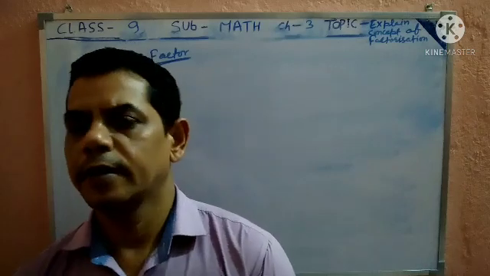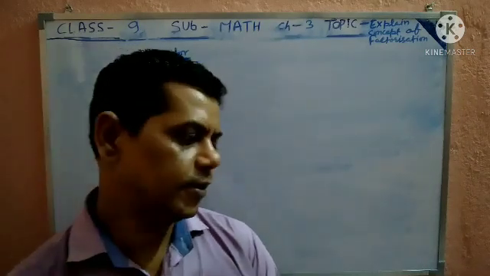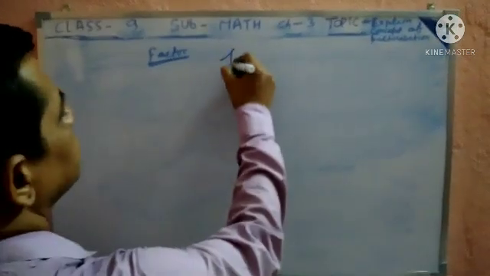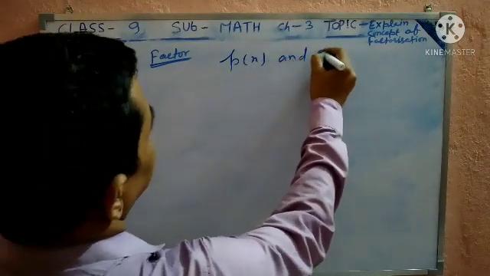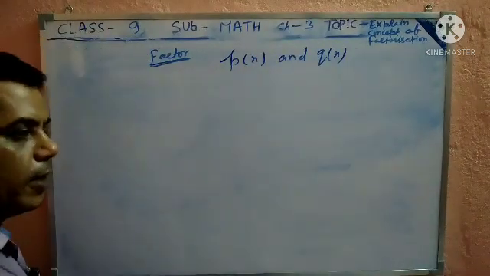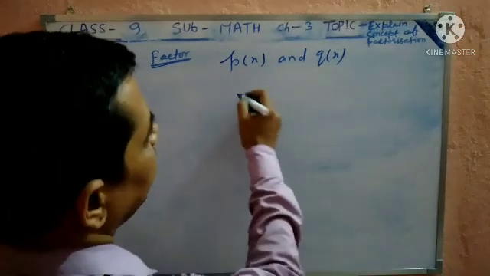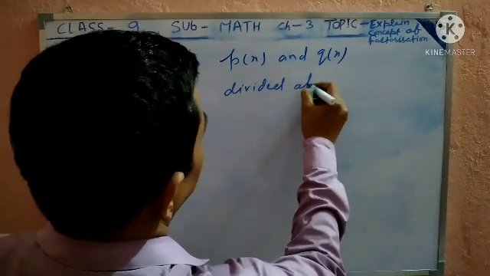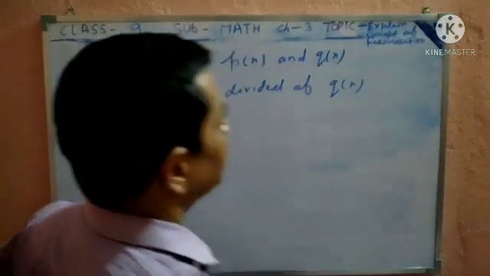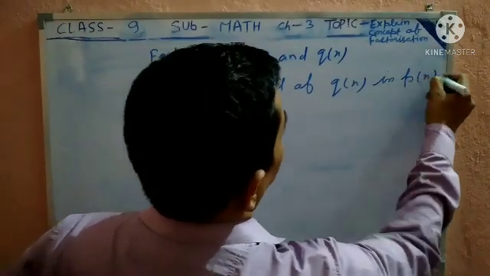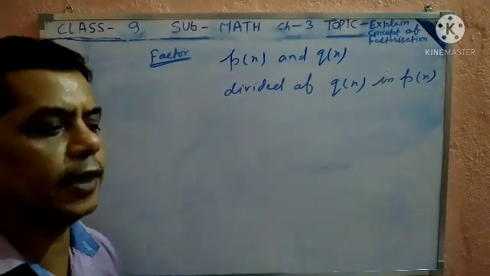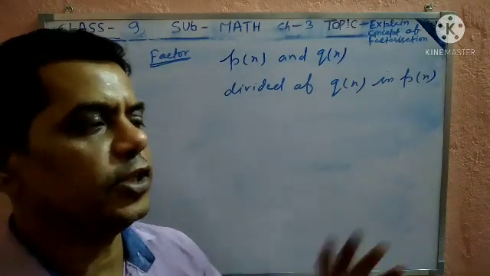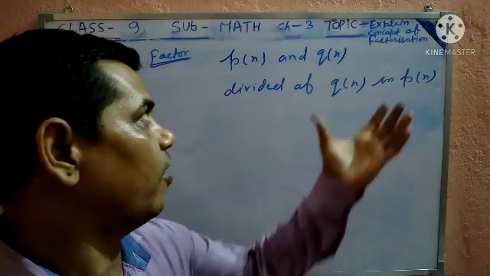In the previous chapter on polynomials, if p of x and q of x, two polynomial terms, are given, then divide p of x by q of x and find the remainder.